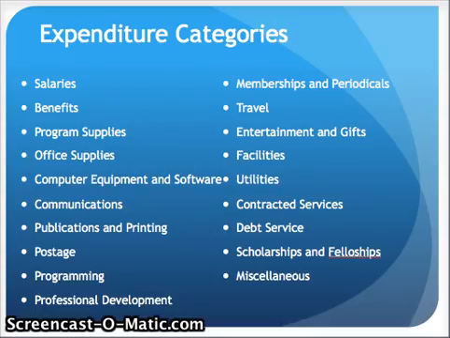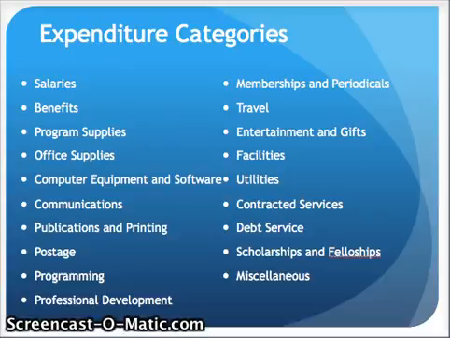And so this section actually goes through and breaks down and provides very brief overviews of the expenditure categories that one may see commonly in higher education institutions. And so those categories are listed here, and you can see them if you go through the reading. And like I said, there's a brief blurb underneath each one.